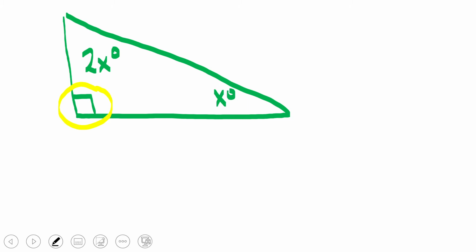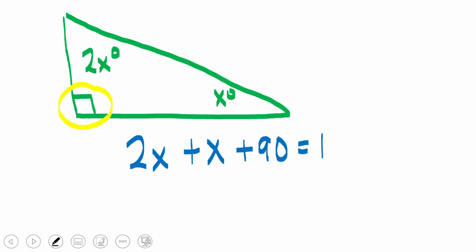We still have the interior angles of a triangle are equal to 180 degrees. So in this situation, we'll say, okay, 2x plus x plus 90 is still equal to 180. Subtract 90 from both sides.